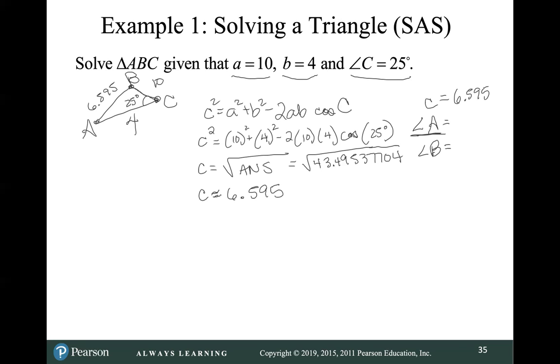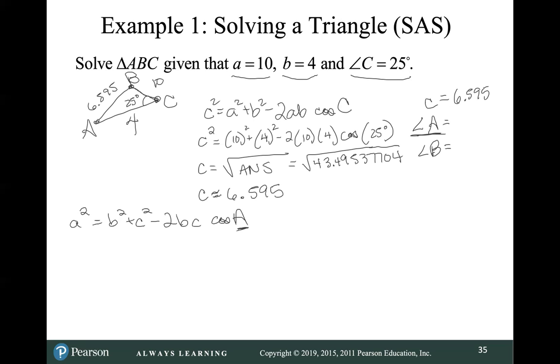So we're going to use a squared equals b squared plus c squared minus 2bc cosine of angle A. Now I want to isolate angle A, so I'm going to rearrange this without substituting the numbers in yet. I'm going to solve for A and then substitute the numbers. That's a personal preference. If you prefer to substitute the numbers first, you can do that and you should get the same answer.